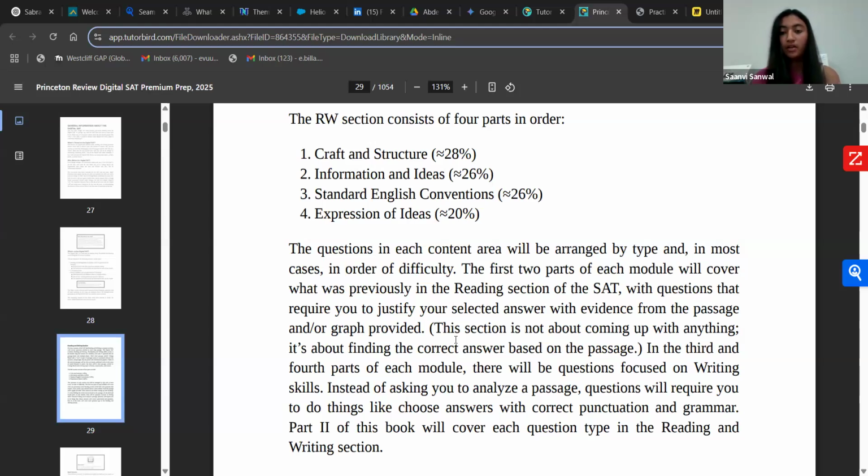This section is not about coming up with anything, it's about finding the correct answer based on the passage. In the third and fourth parts of each module, there will be questions focused on writing skills. Instead of asking you to analyze a passage, questions will require you to do things like choose answers with correct punctuation and grammar. Part 2 of this book will cover each question type in the reading and writing section.